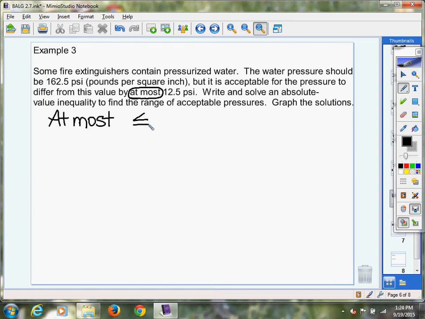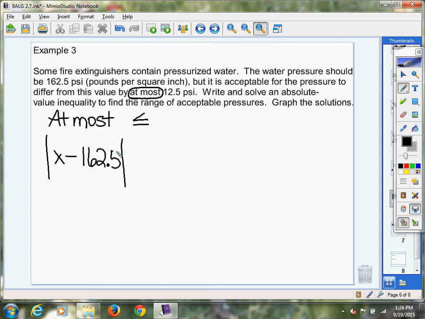So here's how you get it started. We know it's an absolute value, so we're going to create our absolute value lines, and we're always going to write x minus. I told you that when we did absolute value equations. The way you get those started is you put x minus. Now, what you put beside the minus sign is what the measurement should be. It was designed to hold what pressure? 162.5.